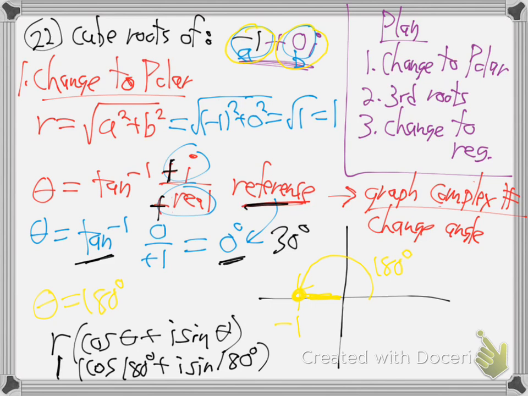And then we do the thing from there. So that's all step 1. We changed to polar. We got our polar form of the answer. So step 1 is 1 cos 180 plus i sine 180.